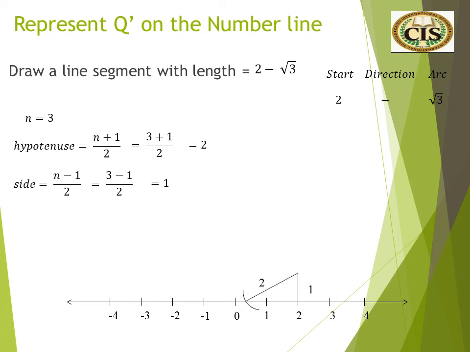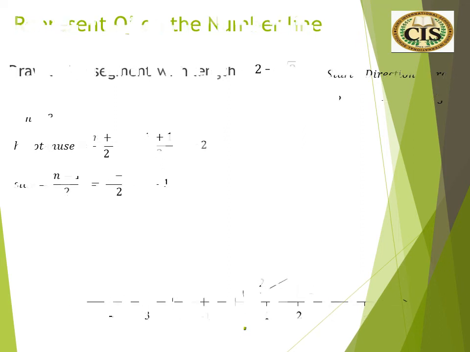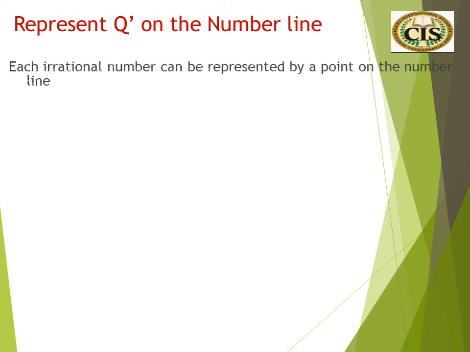From 2, we draw a perpendicular line of length 1 centimeter, set the compass to 2 centimeters as the hypotenuse length, and draw the arc to the left. Why do we draw the arc to the left? Because we want to represent 2 minus root 3. The arc intersects the number line at the point 2 minus root 3.